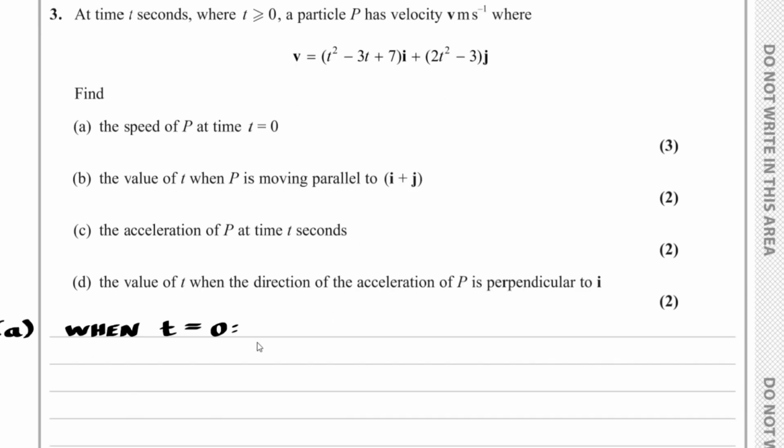For part A, when t equals 0, we can find out what v is. v will equal 7i subtract 3j. What we are required to do is find the speed of P when t equals 0.